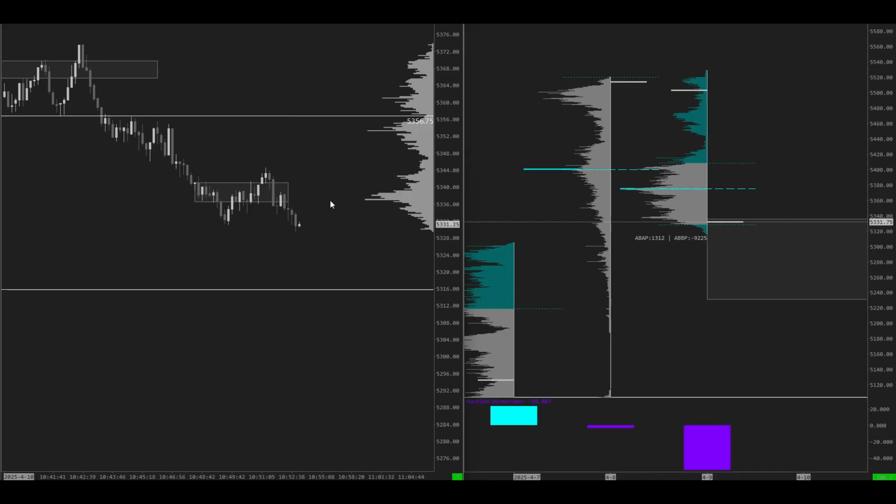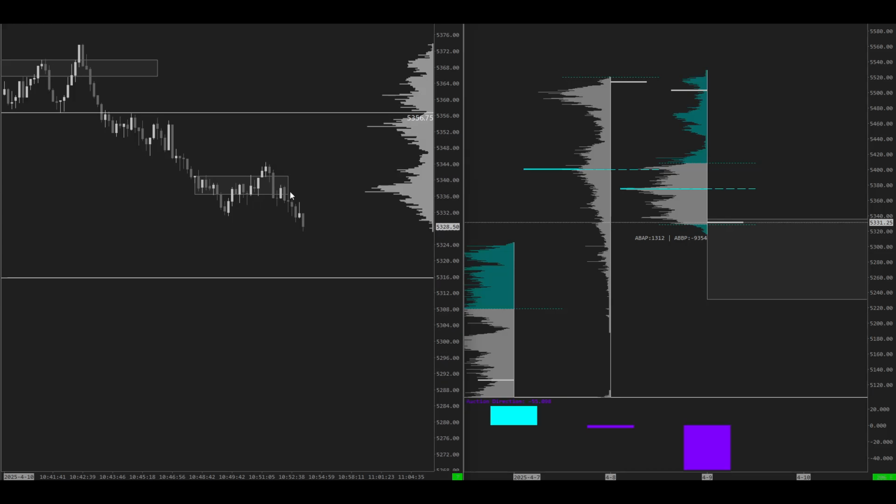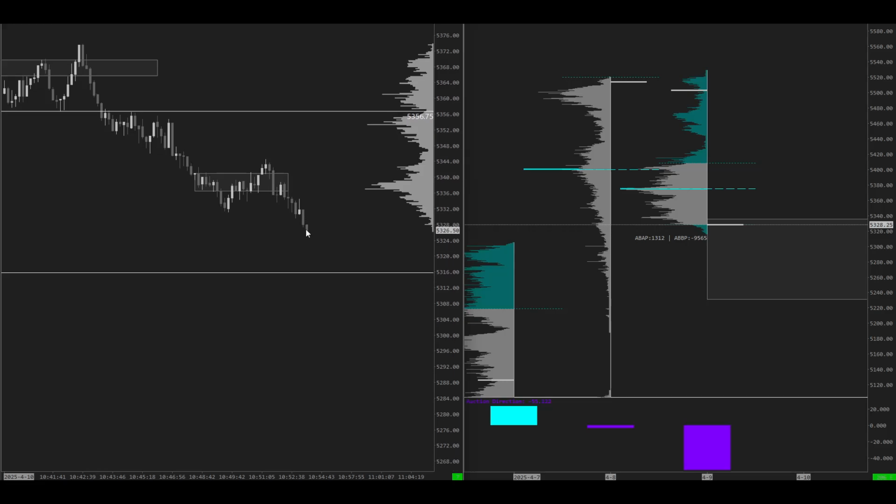The things they might be thinking of doing are kind of lining up with the order flow and price action. If I was a big player, I'd be pulling my bids, and it looks like we're seeing some of that.